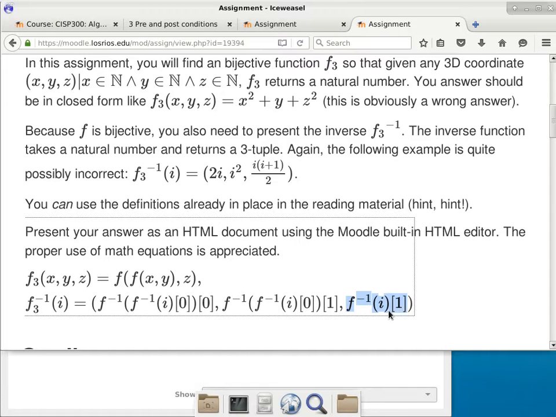Yep. Is it okay if I separated out the 3-tuple using the indexing notation, instead of writing it out in parentheses, I just used the notation another time?